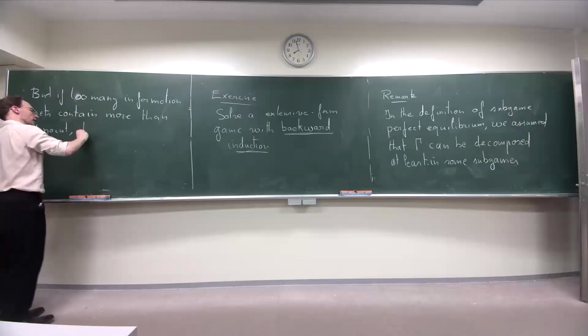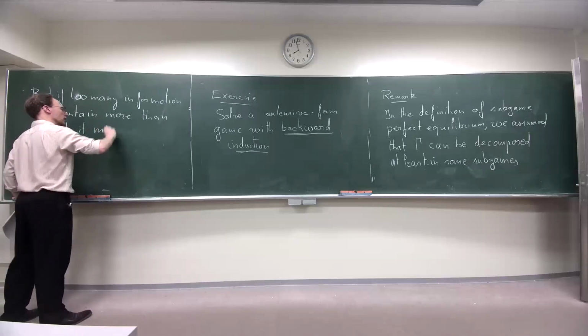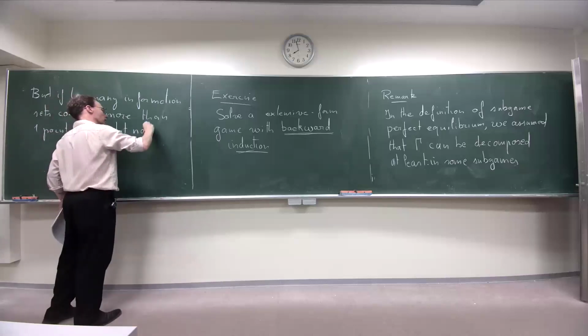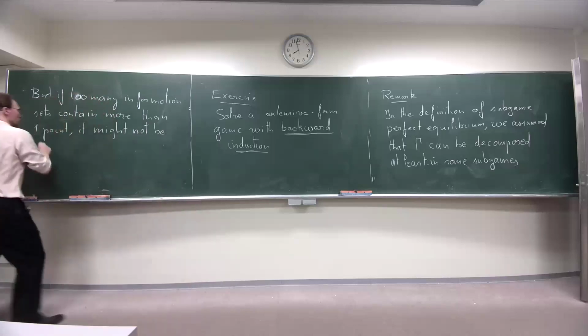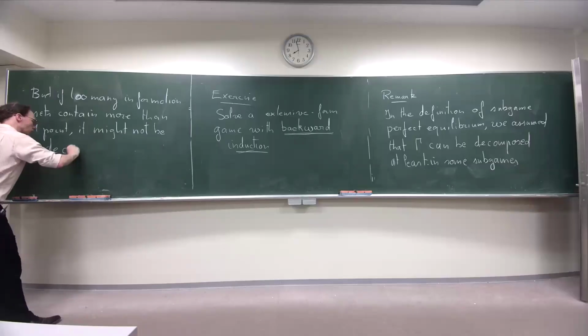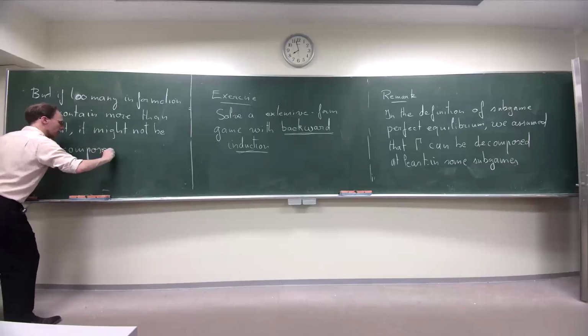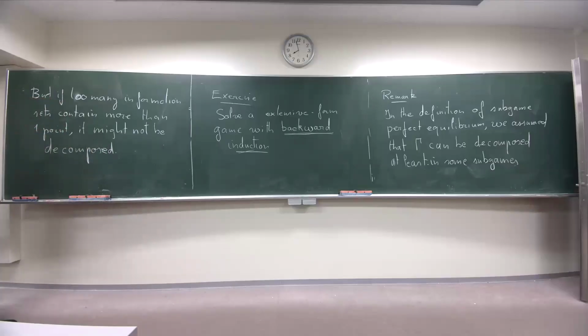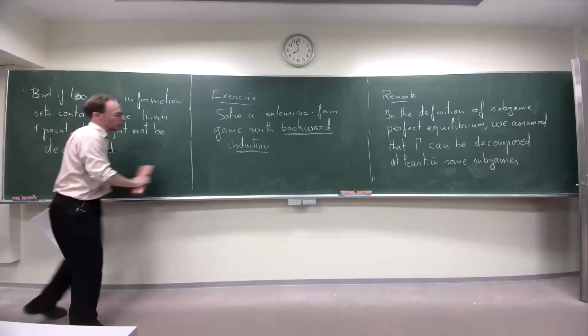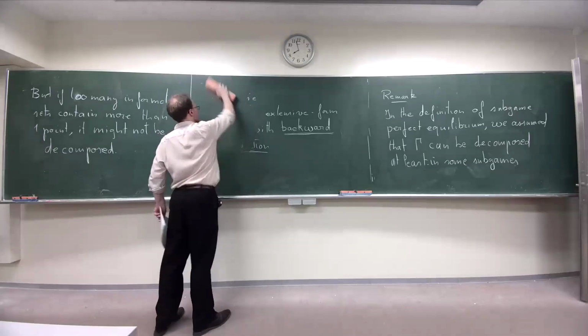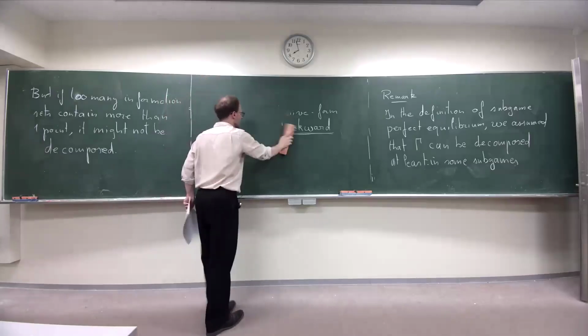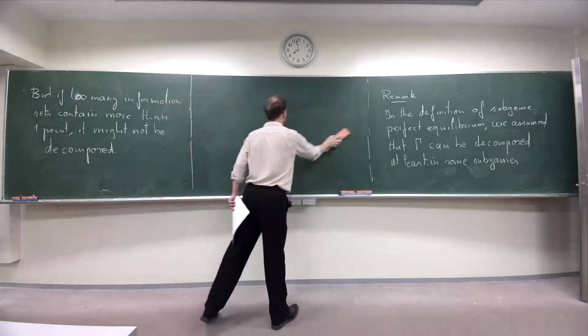It might not be decomposed. So this is a drawback of the previous definition. And you can easily see one or two examples where you cannot decompose. So it means this definition is not always so useful.